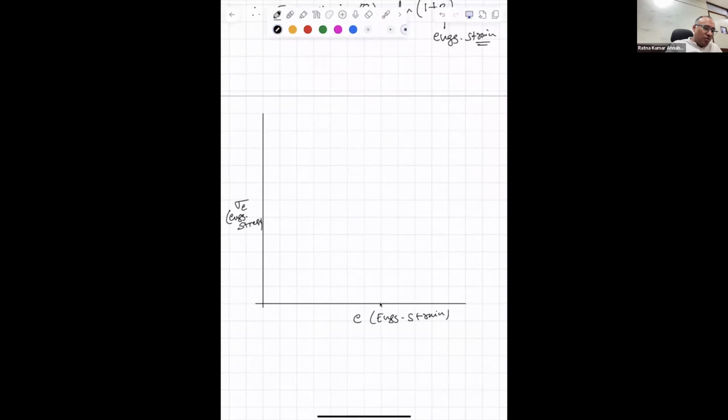Now, when I plot the stress strain diagram, that is the initial elastic regime, and then you have fracture.